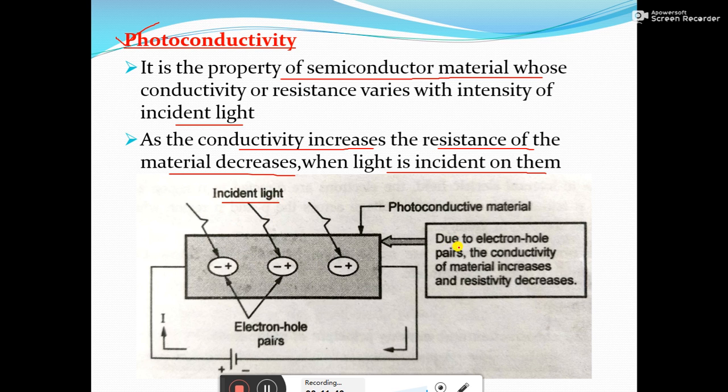As the number of electron hole pairs in this semiconductor bar increases, the conductivity of the material increases, or alternatively, the resistance of the material decreases. The photoresistors, phototransistors and photodiodes work on the photoconduction principle.